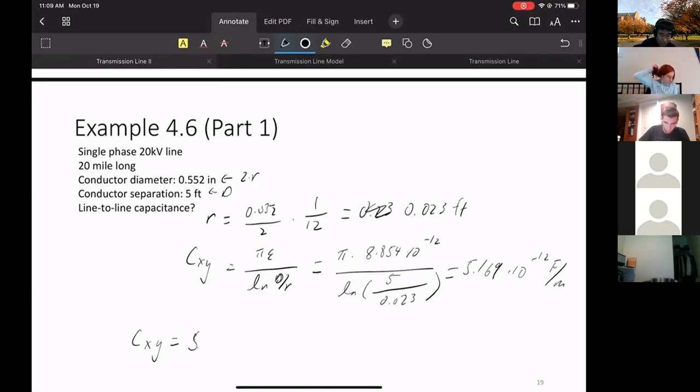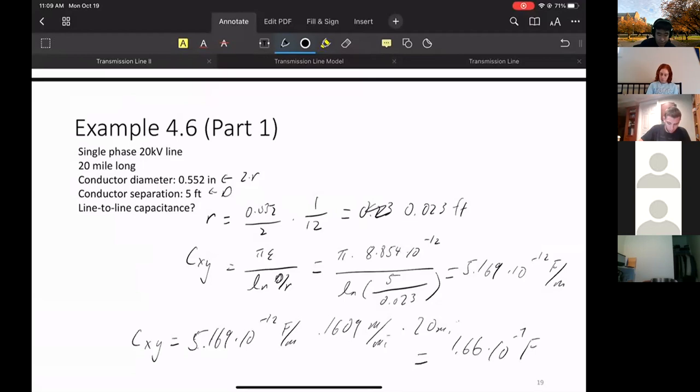Basically, it's just a meters to miles conversion. So 159 times 10 to the minus 12 farad per meter times 1609 meters per mile times 20 miles. This is 1.66 times 10 to the minus 7 farads.